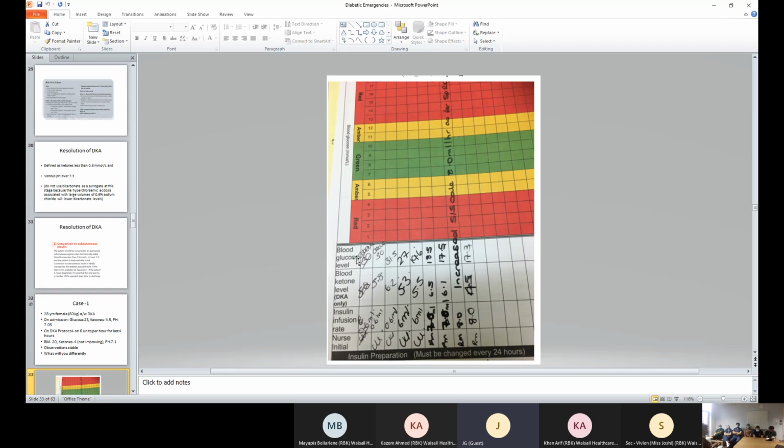Would you be worried about their kidney function? Okay, now you're thinking laterally. Is there anything else which is stopping it getting better? Say if they have kidney failure, the AKI, they're not producing any urine. Or is there something else that precipitated it that we are not addressing?